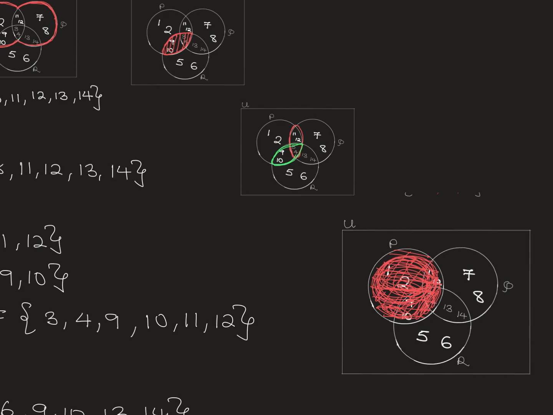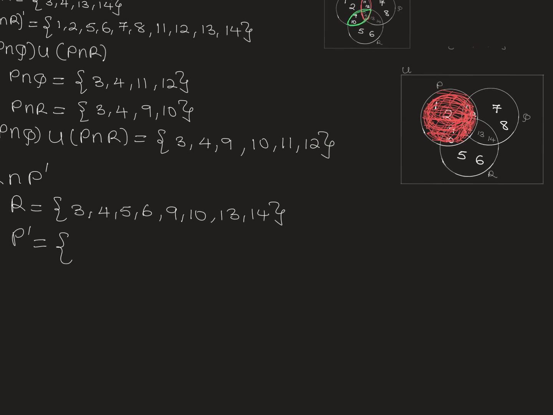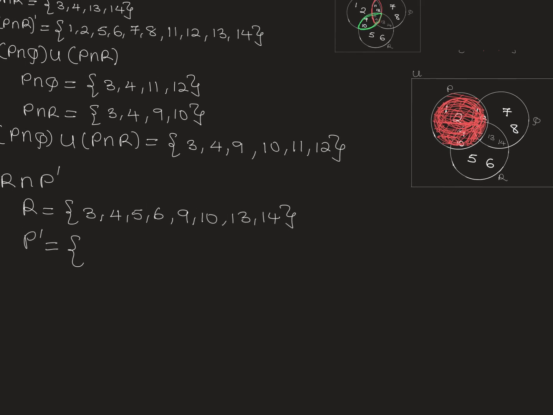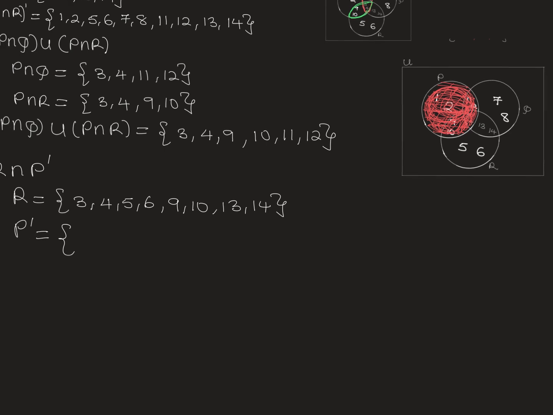So what do we have as P complement? For P complement, we're going to have 5, 6, 7, 8, 13, and 14.